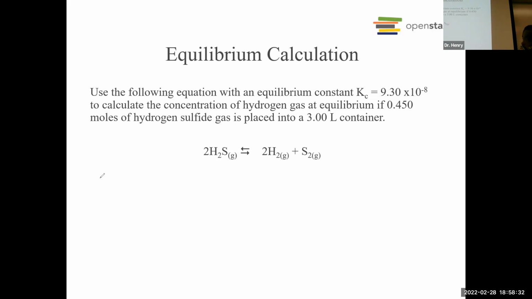So we start off with an ICE table: I, C, E. Okay, so initially, what is my concentration of hydrogen sulfide gas? 0.15.